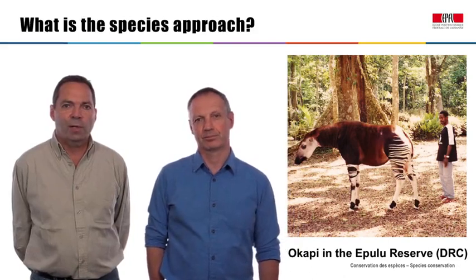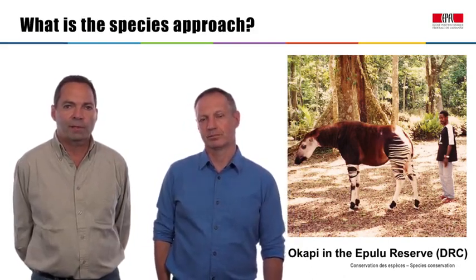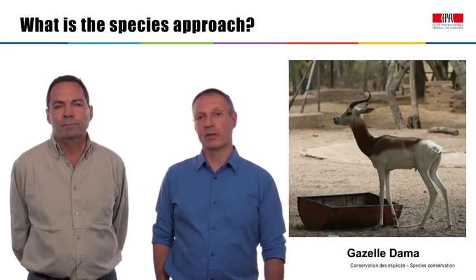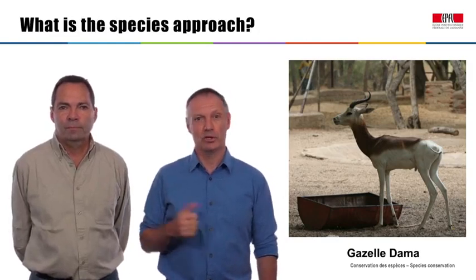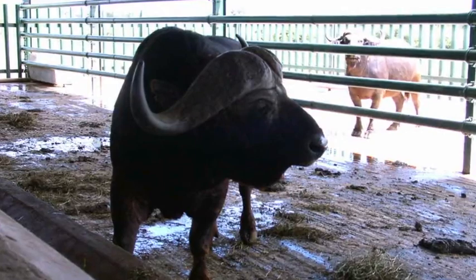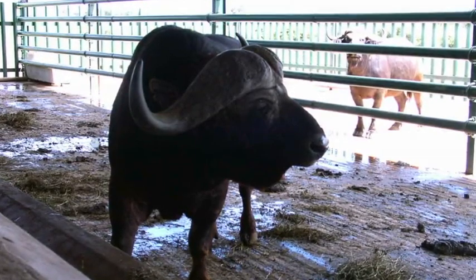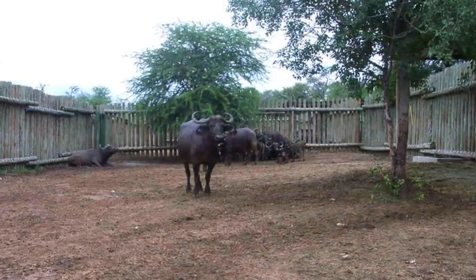It is used as a last resort when it is impossible to preserve an ecosystem or habitat. The reproduction of captive species is one of its components and often concerns critically endangered species with small numbers and a fragmented or reduced habitat.